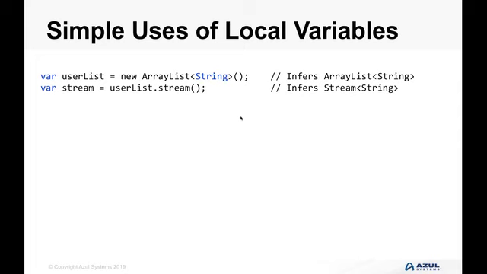The reason for that is that if you don't, you get, in effect, double type inference. The compiler will infer the generic type parameter. And because there's no information on the left-hand side, it will infer the only thing it can, which is object. And so rather than getting an array list of type string, you'll get an array list of type object.